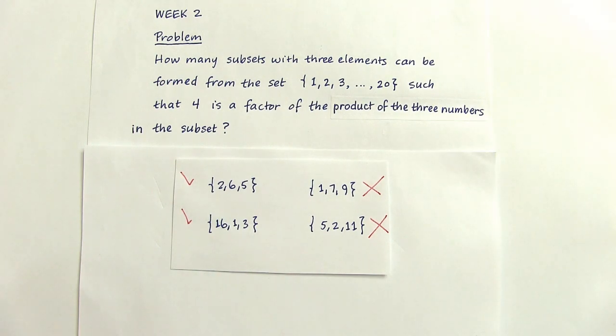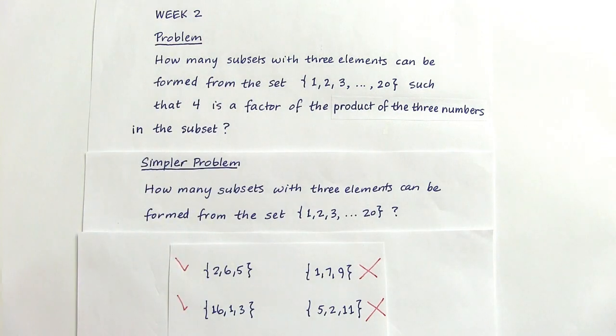The solution for this problem involves the concepts of permutations and combinations. To explain this concept, let's first solve a simpler version of this problem. The basic problem here is that we want to know how many subsets we can make from a given set.